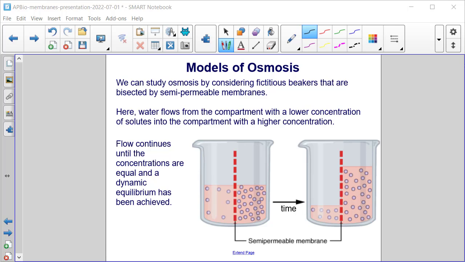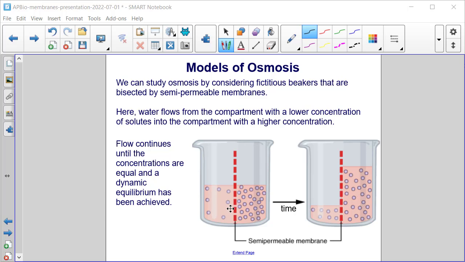Models of osmosis. We can study osmosis by considering fictitious beakers that are bisected by semi-permeable membranes. So you can see there's two fictitious beakers here separated by this red dotted line that we're imagining to be a semi-permeable membrane. Here, water flows from the compartment with a lower concentration of solutes.